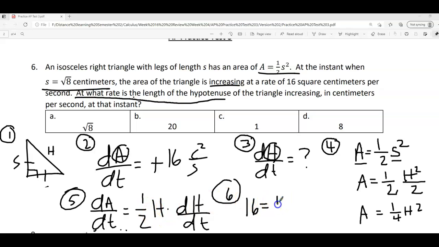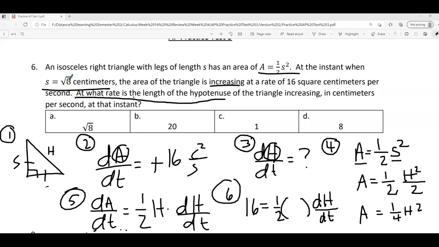I have 1/2. That's just going to stay there. I don't know what my hypotenuse is, but I'm about ready to figure that out. And I don't know what dh/dt is, and that's because that's the main thing I'm trying to find anyway. So before I can find the main thing I want to find, I need to find out what h is. Well, they told me something important here. They told me that s is equal to the square root of 8, right?